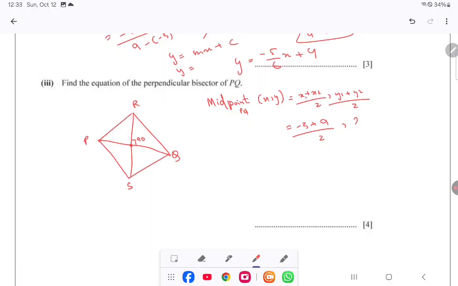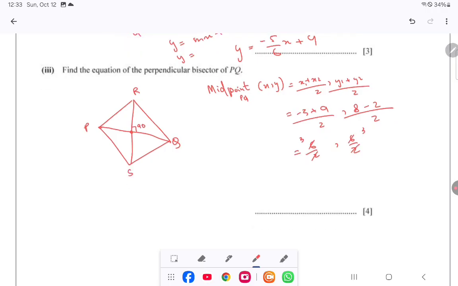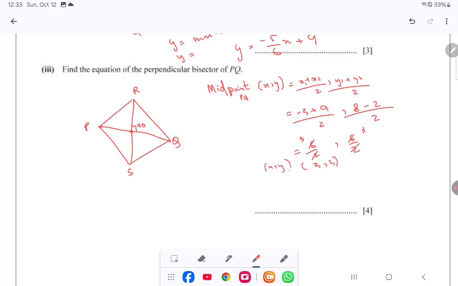Positive of 8, negative of 2 over 2. This will become 6 over 2, comma 6 over 2. 2 into 3 is 6. So the midpoint will become 3 comma 3. This is our point on the PQ line.